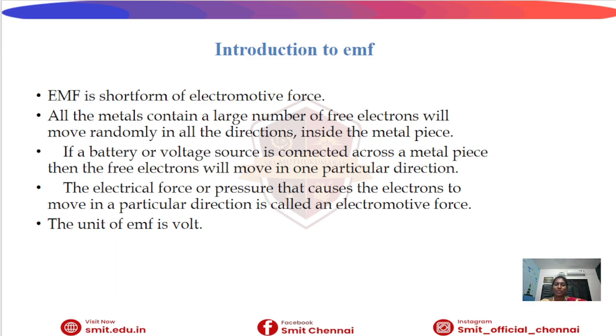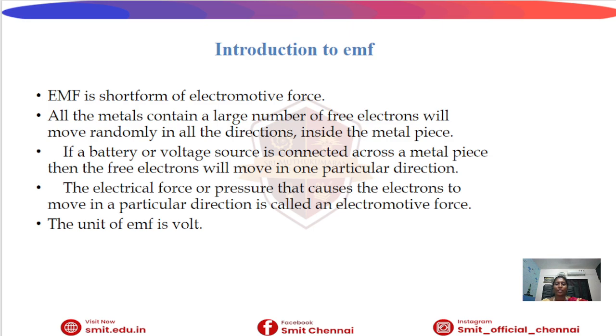An electric pressure is applied because we are giving some voltage source. So the electrons start moving in one particular direction, and this causes the electric current. This electrical pressure or force that causes the electrons to move is called EMF.